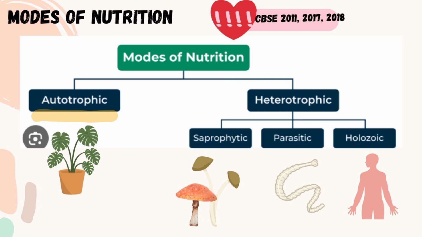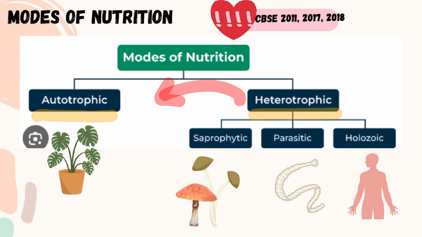Not all plants are autotrophic. Green plants which have chlorophyll and can synthesize their own food are called autotrophs. Heterotrophs are organisms which cannot synthesize their own food but are dependent on autotrophs for their food.